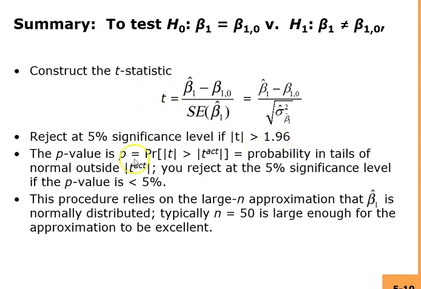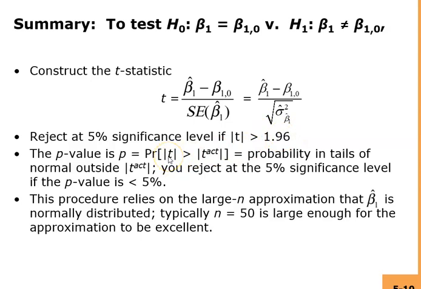So the p-value is basically the probability associated with the t. The cutoff t is the one with the probability of 1.96 in this case.